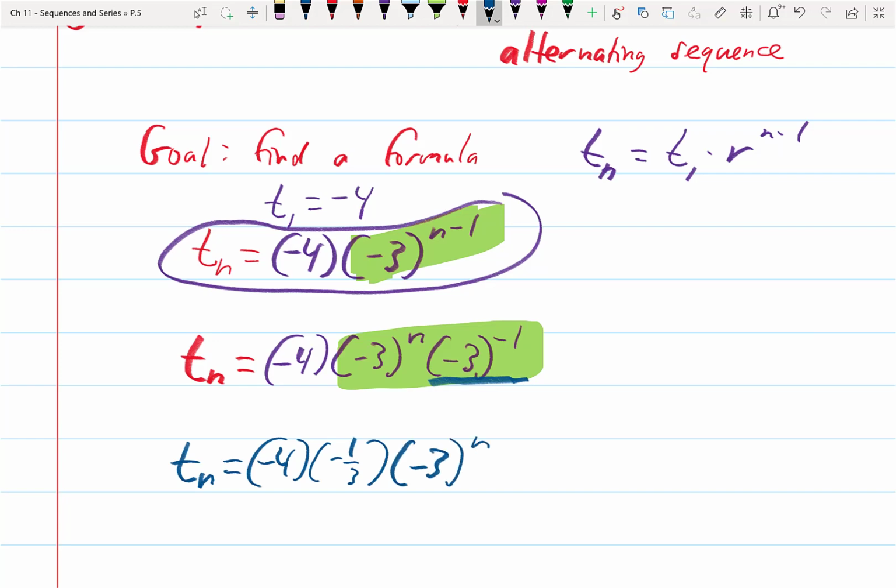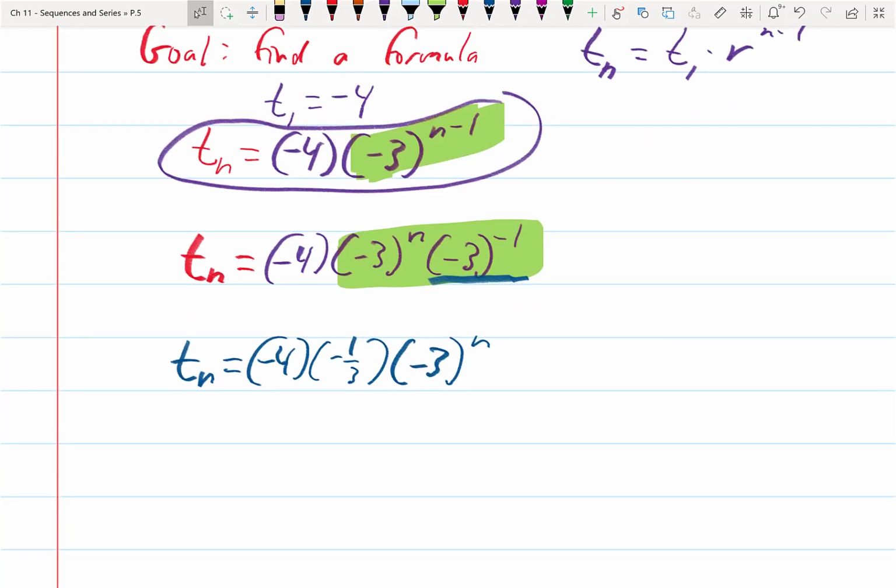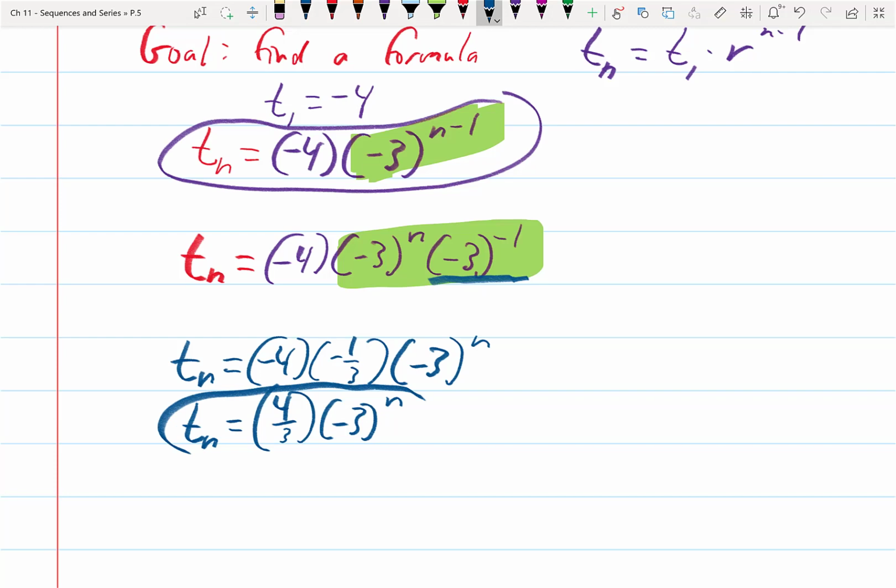It's still like the -3 to the n. And what is -4 times -1/3? So an alternate form of this is 4/3 times -3 to the nth power. And that would also be a simplified form. I want you to know how to do both. I want you to know how to go from here to here and create a simplified version of this.